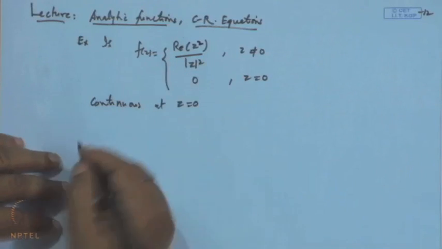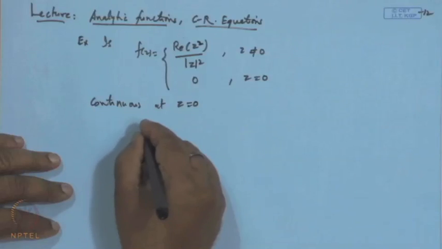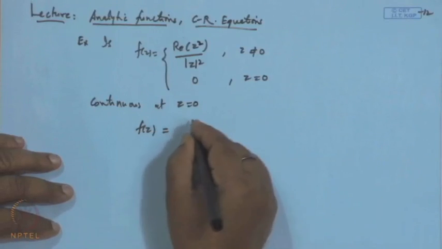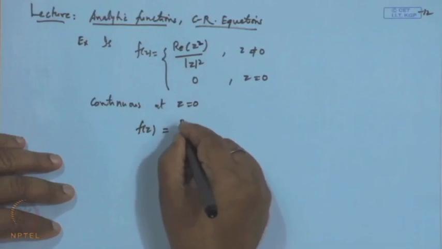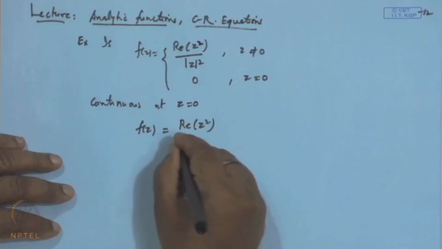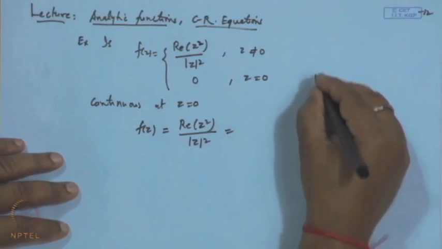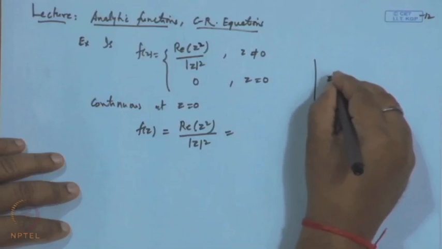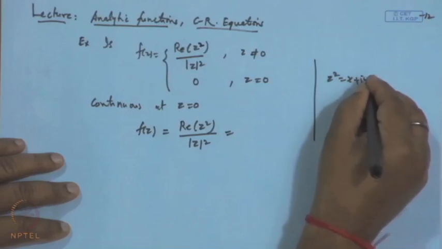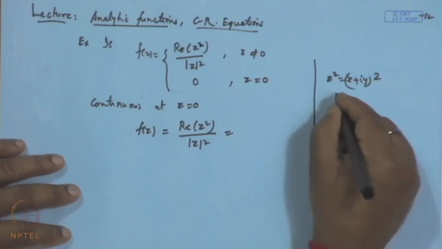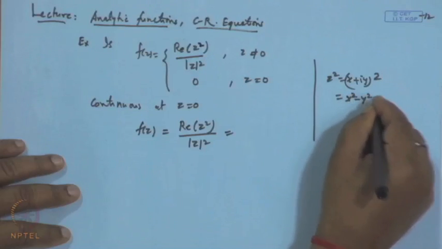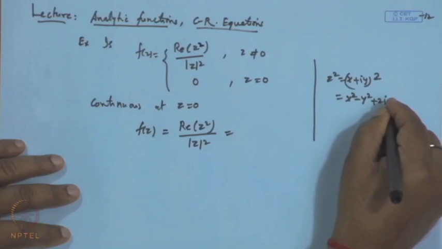If we look at the function f(z), it is the real part of z square divided by mod z square. Here z square is (x plus i y) whole square, which is x square minus y square plus 2 i times x y.